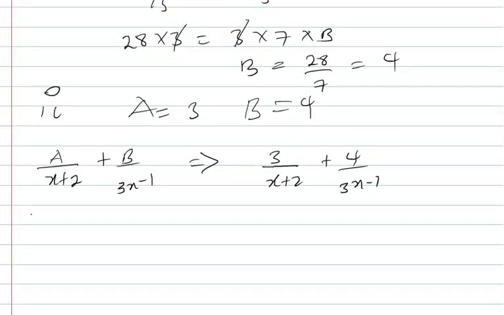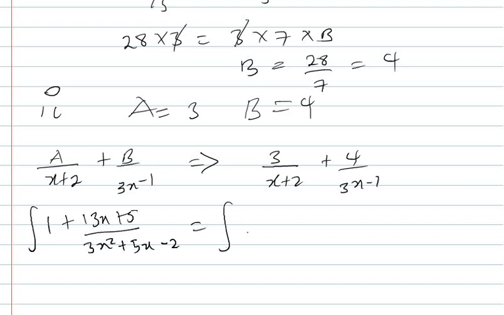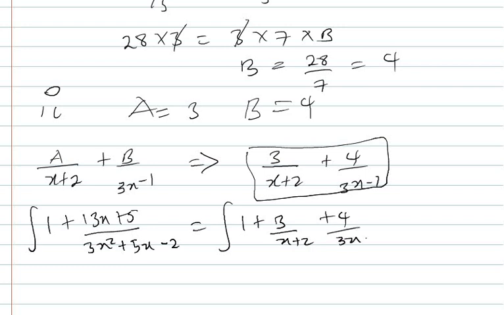So our equation is the integral of 1 plus (13x plus 5) over (3x squared plus 5x minus 2), and also equal to the integral of 1 plus 3 over x plus 2, and then plus 4 over 3x minus 1, dx.